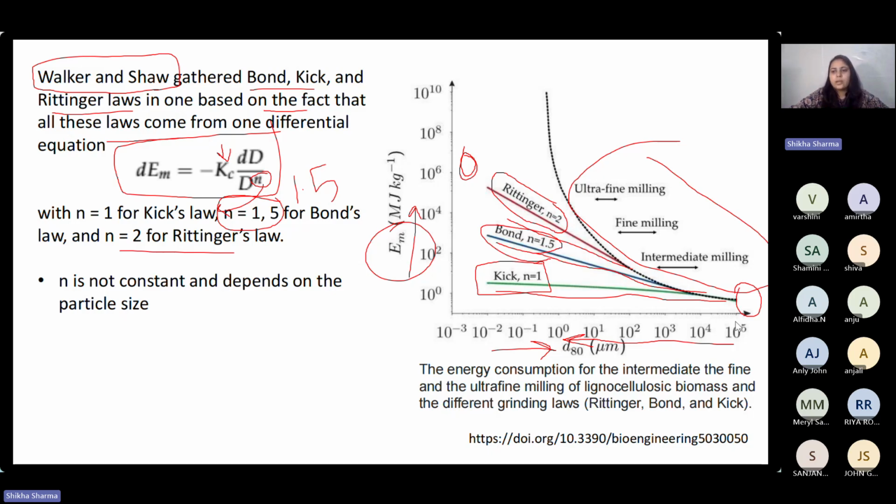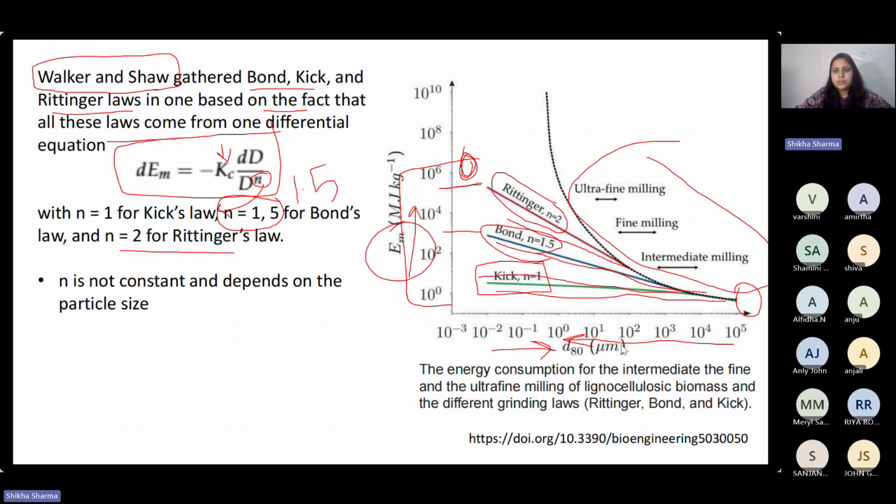When we require grinding from the coarse particle to the smaller finer particle, for Kick's law we need less energy, and we can see that converting from this to this particle size requires less energy. But for Bond's law, we need more energy, and Rittinger's law says it takes even more energy. So the slopes here are different.